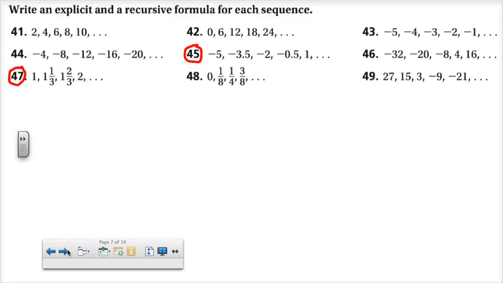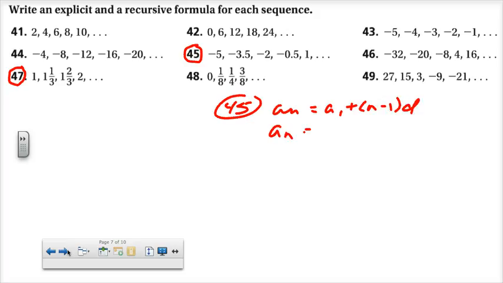Number 45 says write an explicit and a recursive rule for each sequence. So for 45, I will go ahead and do my explicit rule first. So I notice that my first term is -5. And then I take a second to figure out that common difference.